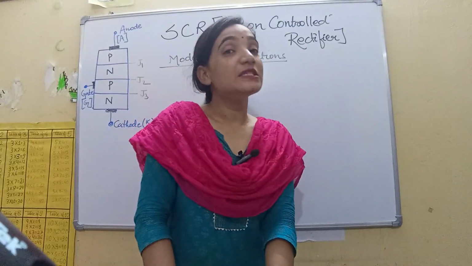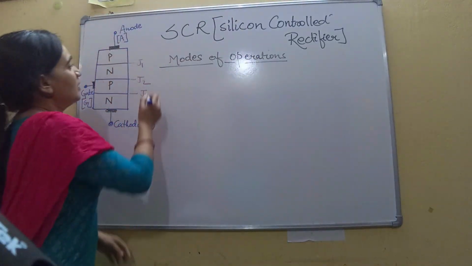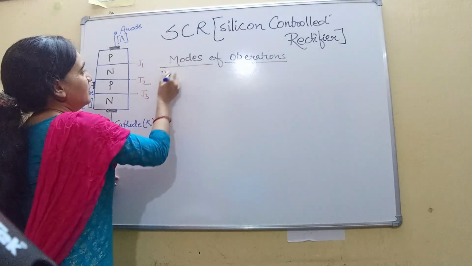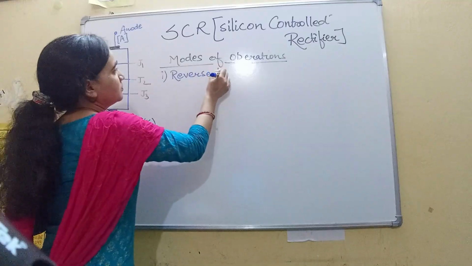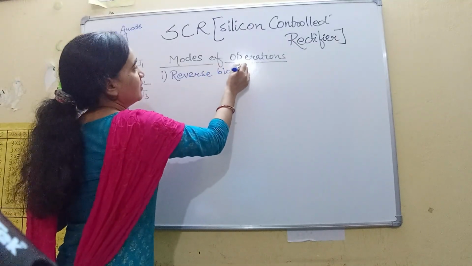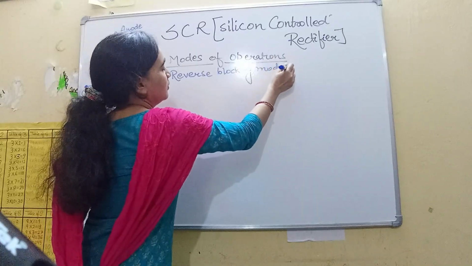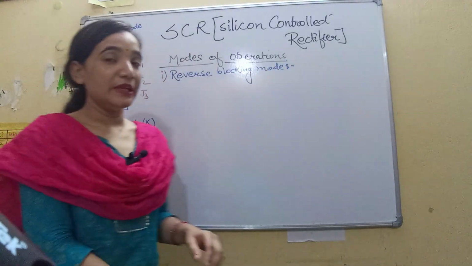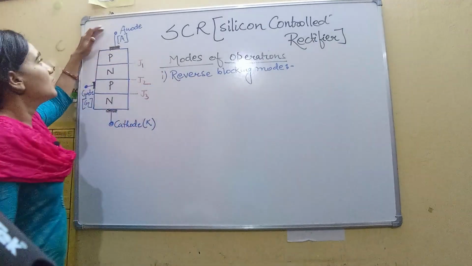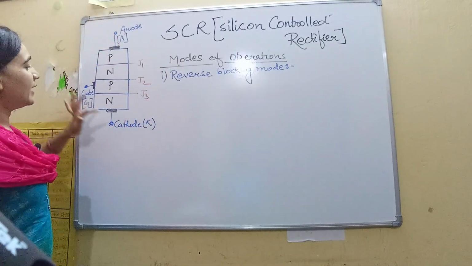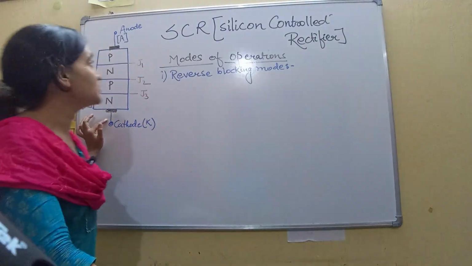Let us start with reverse blocking mode first. What happens in reverse blocking mode? As it is said, reverse means our anode and cathode we will connect in reverse bias.